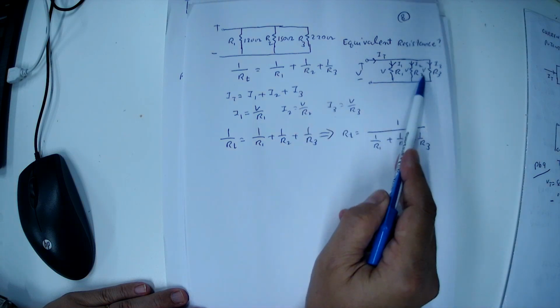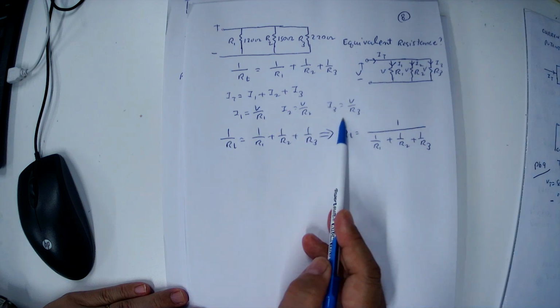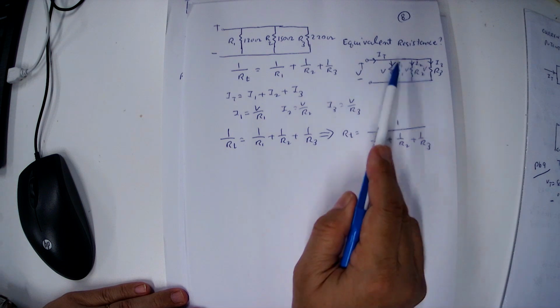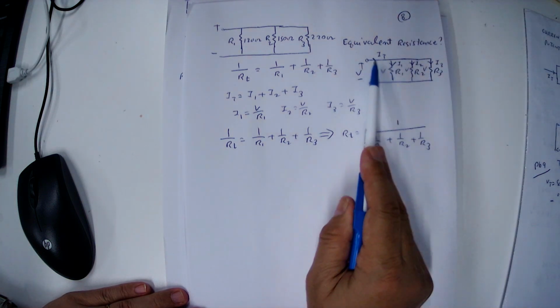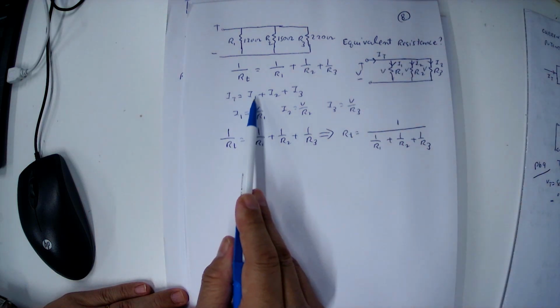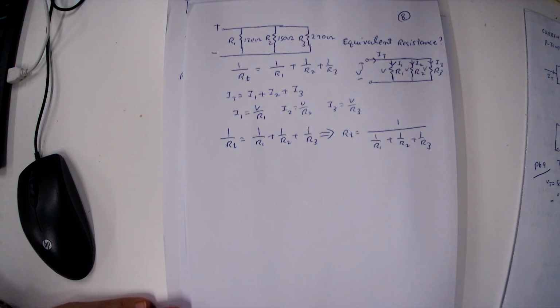The current flowing into R3, I3 equals V by R3. We also calculate all the branch currents, I1, I2, I3. So we add all the individual branch currents, then we can calculate the supply current IT. Therefore, IT equals I1 plus I2 plus I3. So those are the concepts of the parallel circuit.